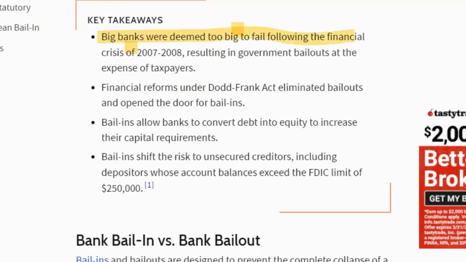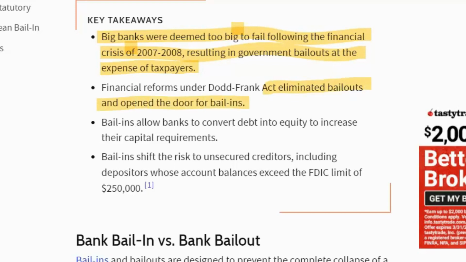In the 2008 crisis, banks that were deemed too large to fail were bailed out. That was a huge expense to taxpayers. Dodd-Frank eliminated those bailouts and opened the door for bail-ins.